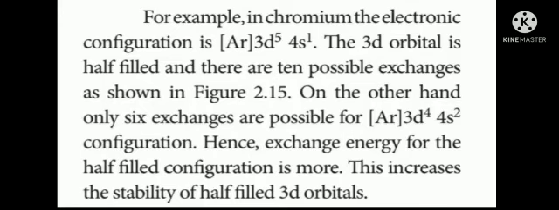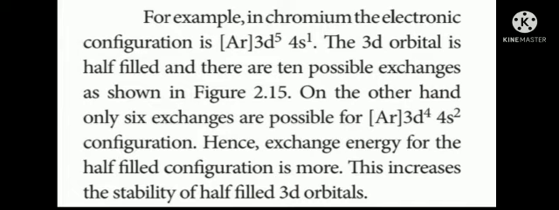Here, for 3d5 configuration, there are 5 unpaired electrons. For 3d4 configuration, there are 4 unpaired electrons. Therefore, for 3d5 configuration, 10 exchanges are possible. For 3d4 configuration, only 6 exchanges are possible.